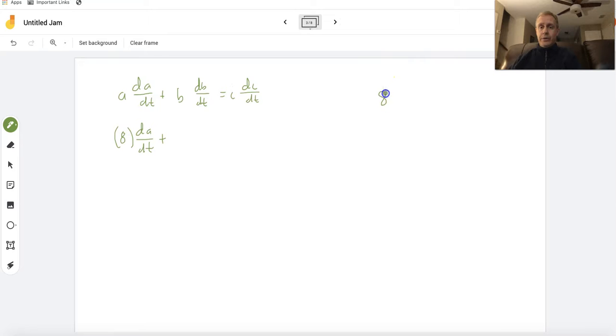So we would have 8 squared plus b squared is equal to our hypotenuse squared. I'll subtract both sides by 64, and we'll get b squared is equal to 225. And when we take the square root of both sides, we get that b is equal to 15.